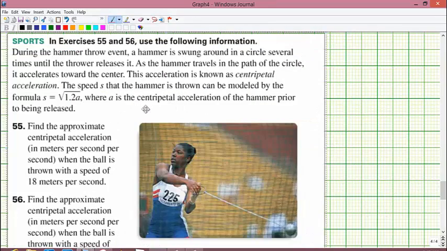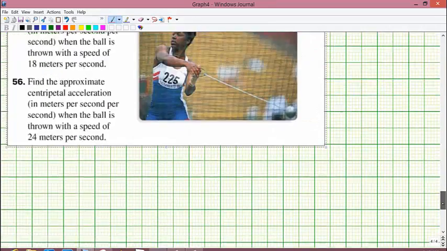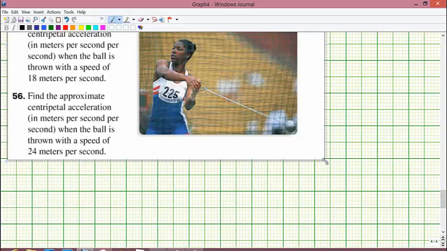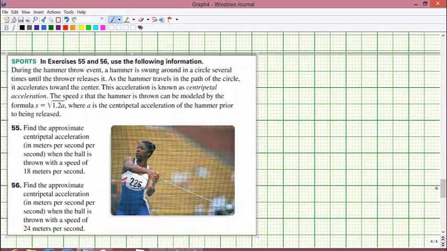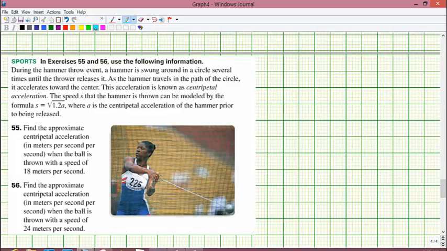Okay, this question looks very slightly different from the one in your textbook. The only difference is the image. Here it's a woman hammer thrower, and I think in your book it's a man, but everything else is the same. The question is identical. So once again, we read through the problem and we identify that we are being given an equation.